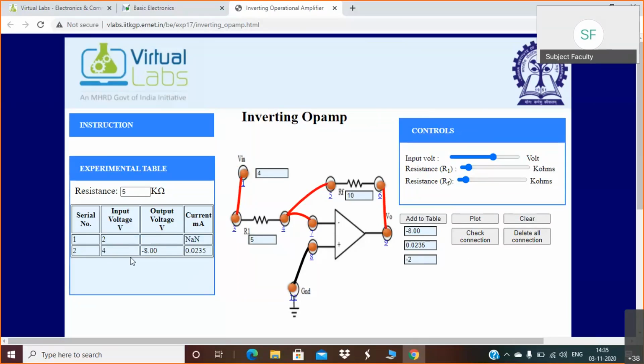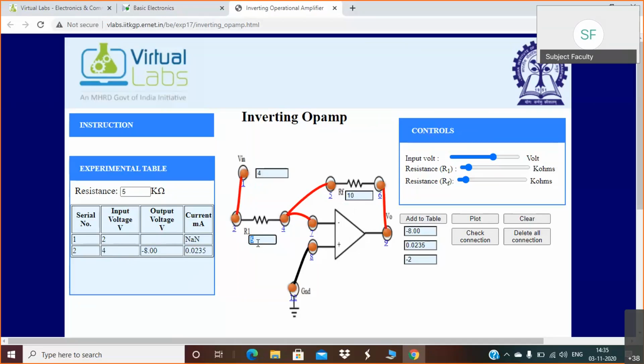Okay, so now our entry is correct. Our input voltage we have applied as 4 volt. RF is 10 kilo ohm and R1 is 5 kilo ohm. So what will be the gain of this inverting amplifier?